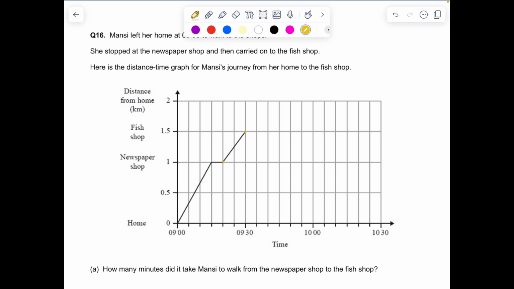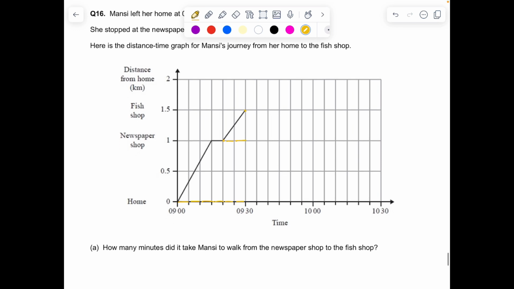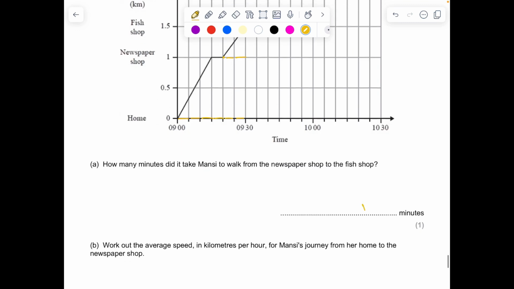How long did it take her? So we know that there are 1, 2, 3, 4, 5, 6. So each one is 5 minutes. So it took her 10 minutes to walk to the fish shop.